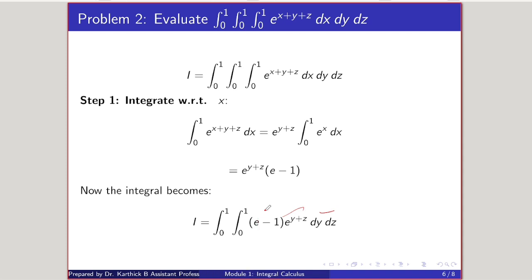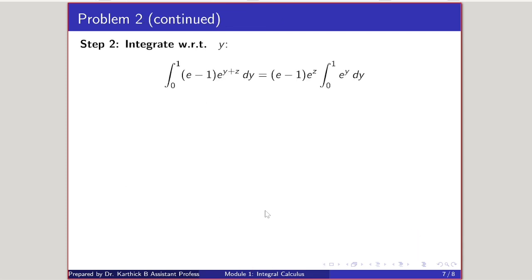Therefore, we may keep that e minus 1 as a constant outside the integral, from 0 to 1. Here we need only the term of y. Other than y, everything will be a constant. So I may keep e power z outside, e power y, then dy, and at last dz.